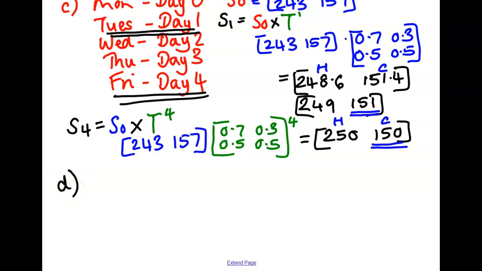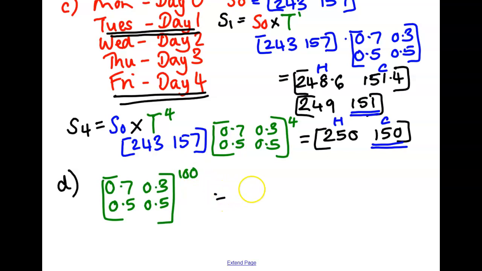So what I'm going to do is take my transition matrix, which is 0.7, 0.3, 0.5, and 0.5, and I'm going to put it to the power 100.